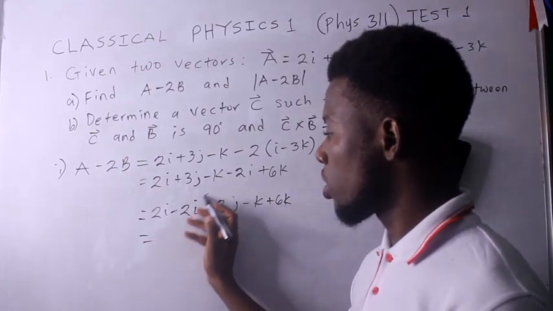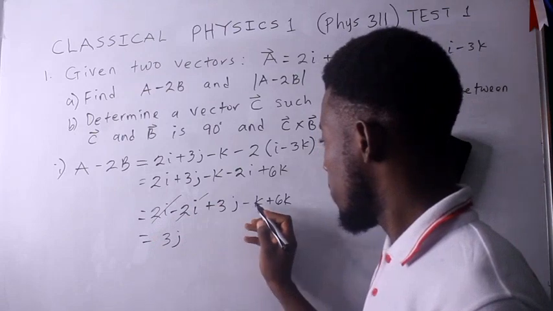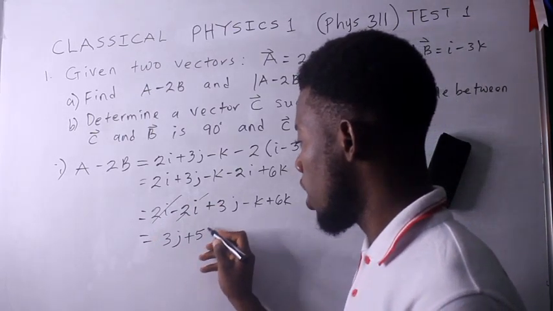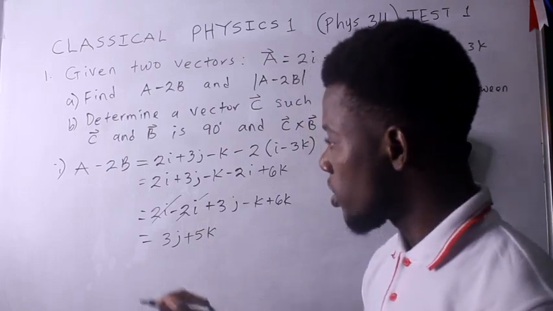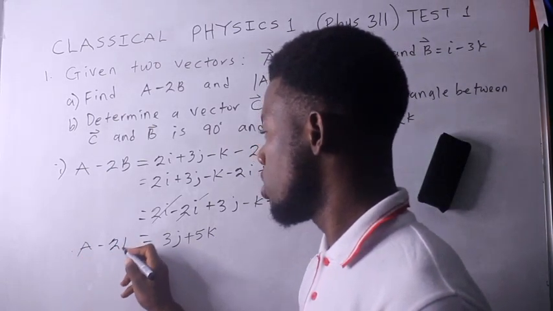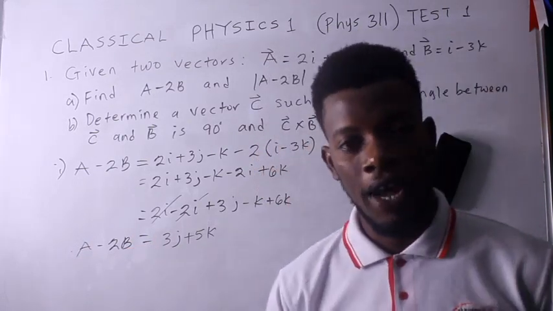I'm going to have 3j, minus k plus 6k is just positive 5k. Therefore, A minus 2B is 3j plus 5k.